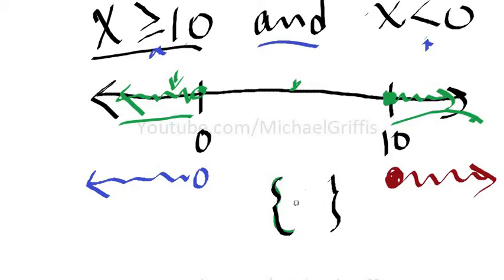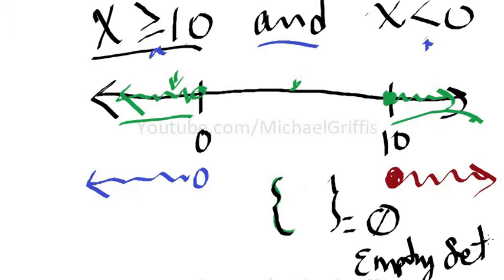There are no numbers we can put in this set that satisfy both of these. There's a symbol for this, called the empty set, or the null set.